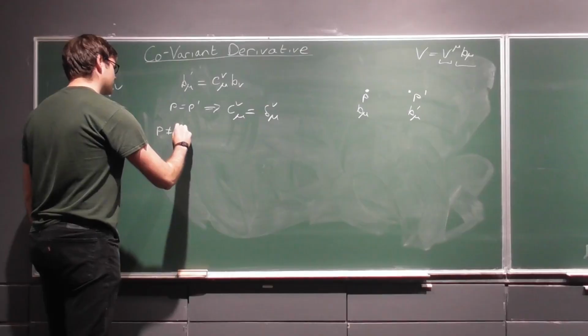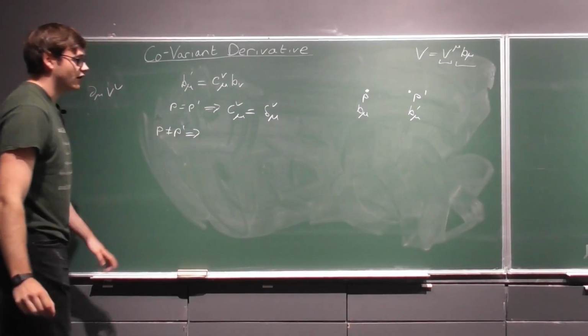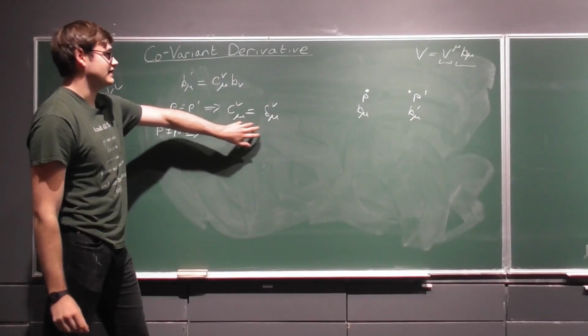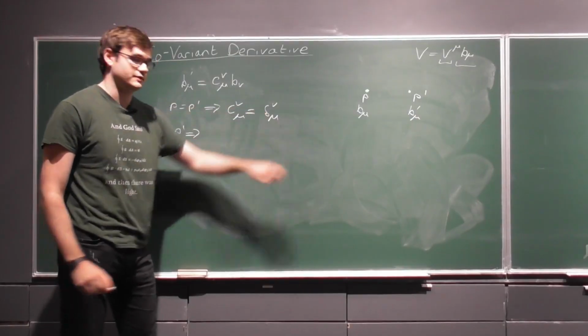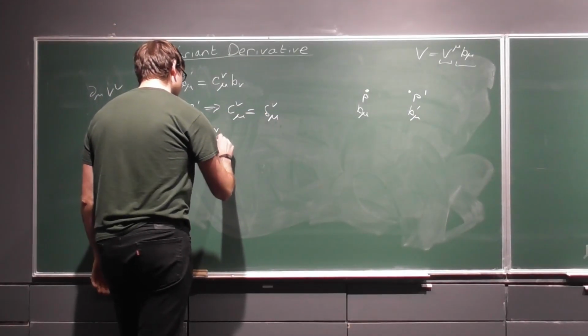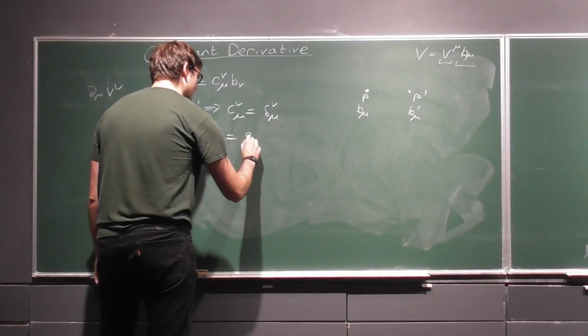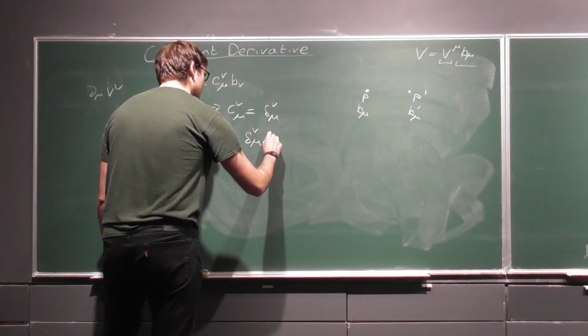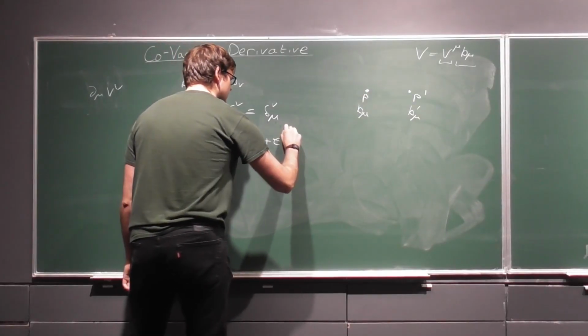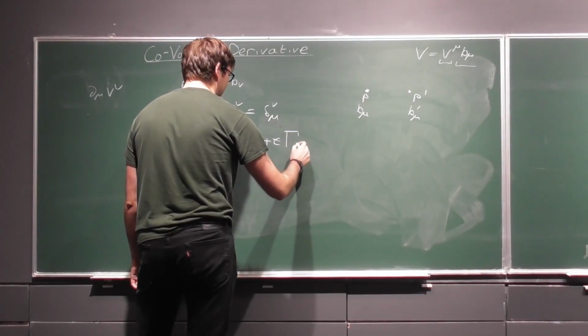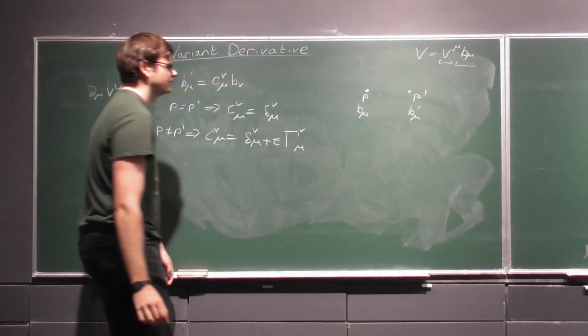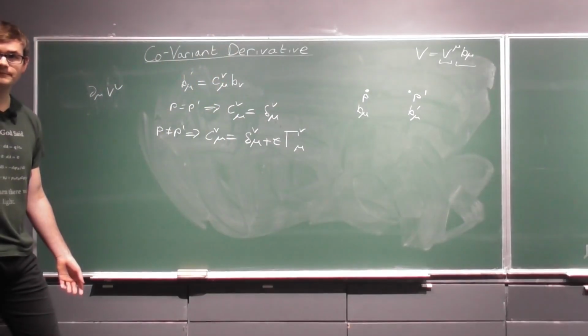So P is not equal to P prime, but they're really close. So C is going to look like this plus another small bit, right? This C matrix is going to look like the original plus some epsilon times some matrix, okay?